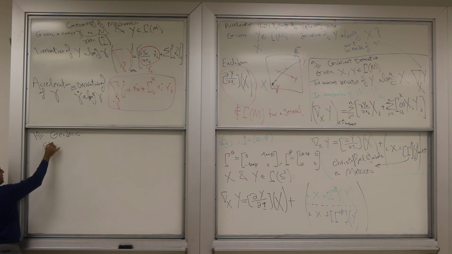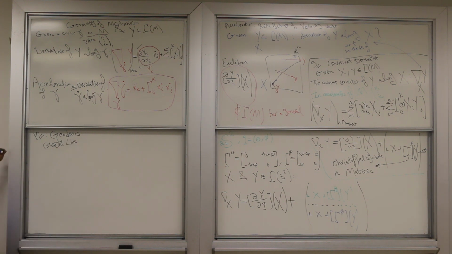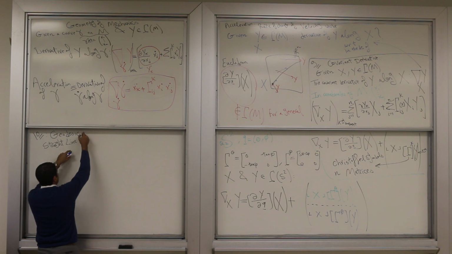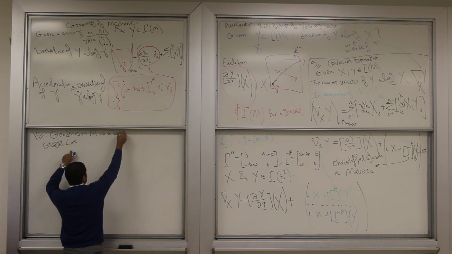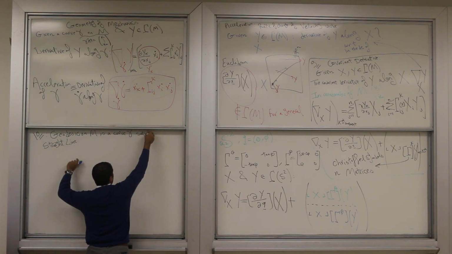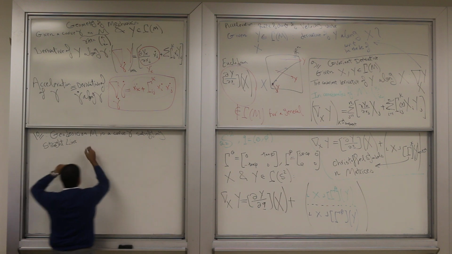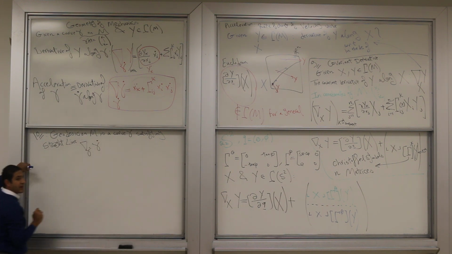This is simply a straight line. And what was our definition for the straight line? Anybody remember? Zero acceleration. So a geodesic on M is a curve gamma satisfying what? Zero acceleration. Nabla gamma dot gamma dot: here is your acceleration.